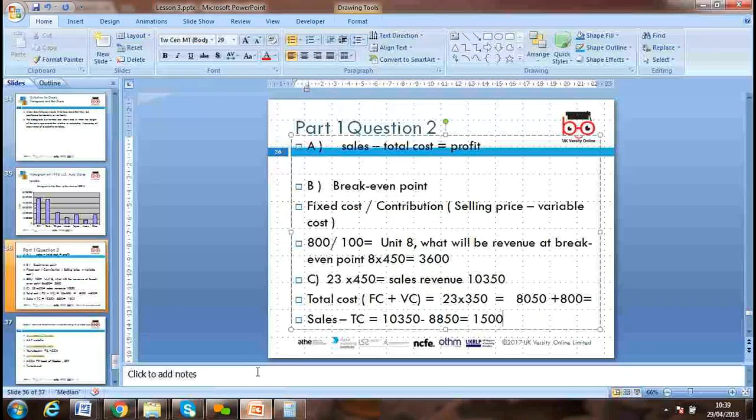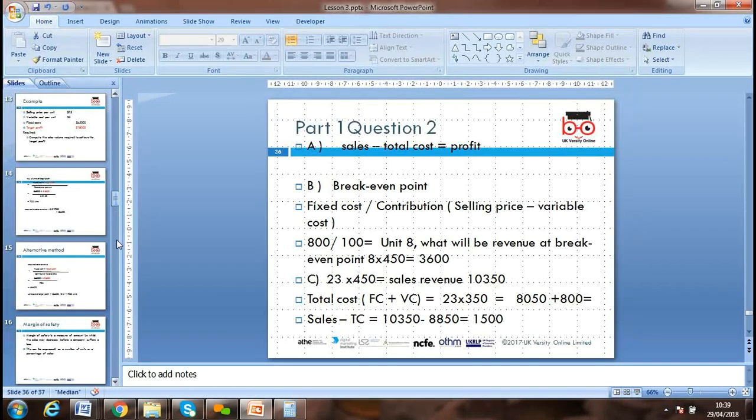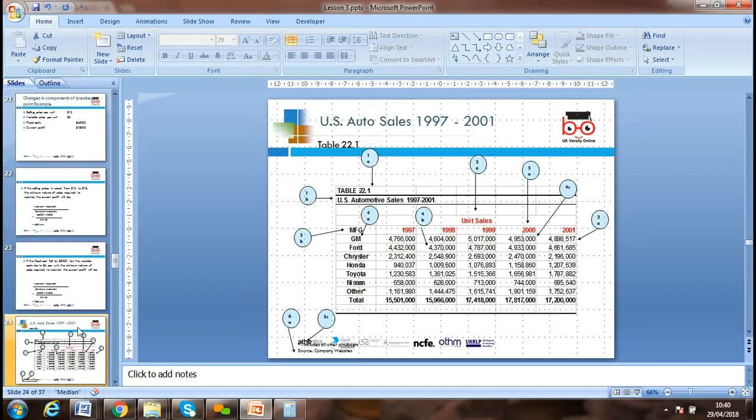Today's lesson. During our last lesson we were supposed to cover graphs, and I'll go through moving averages with you now. So we need to look at how we can prepare graphs. We can prepare different graphs, and this is one example.